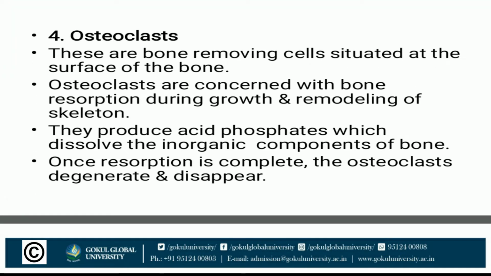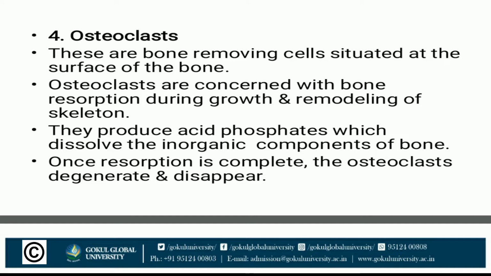Now osteoclast. These are bone removing cells situated at the surface of the bone. Function: bone removing cells. Location: surface of the bone. Osteoclasts are concerned with bone resorption during growth and remodeling of the skeleton. They produce acid phosphatase, which dissolves the inorganic components of bone.